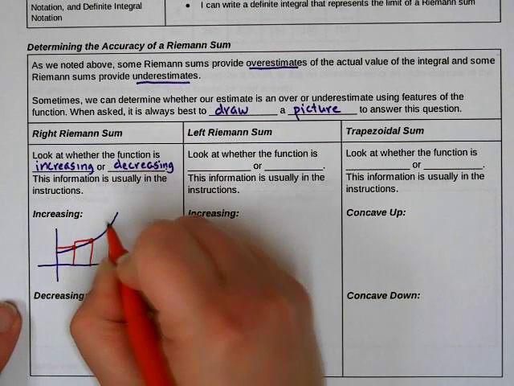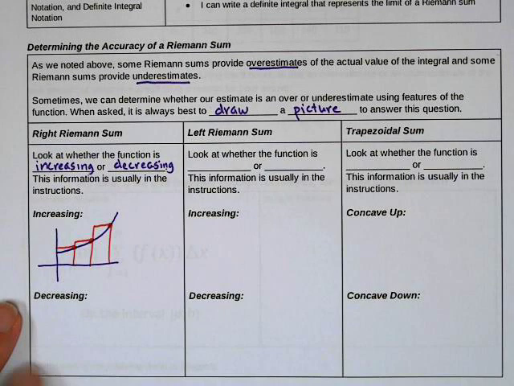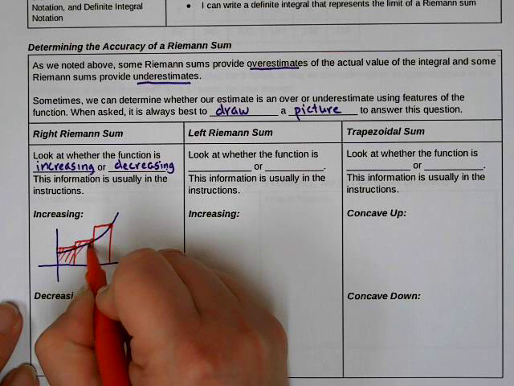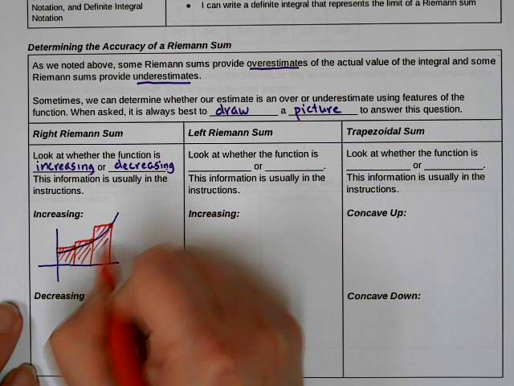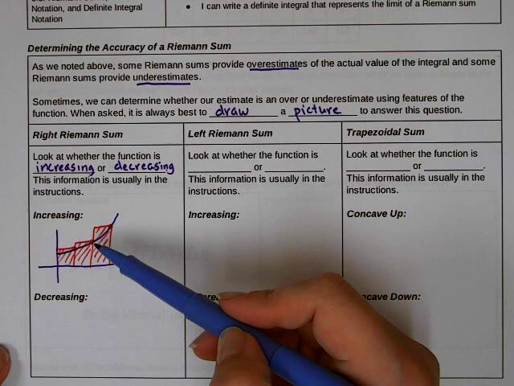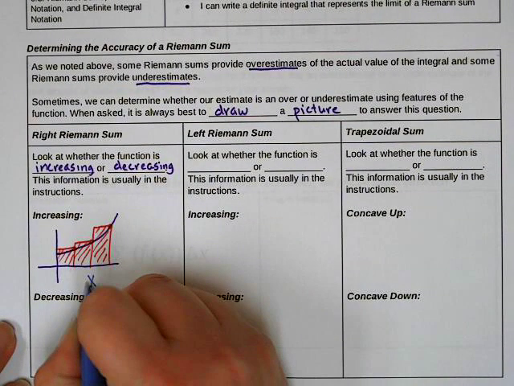And I can maybe draw one more. My Riemann sum is going to be the area of these red rectangles that I just drew in. We can clearly see that that's going above this curve that I just drew, which means if you have an increasing function and you're doing a right Riemann sum, it's going to be an overestimate.